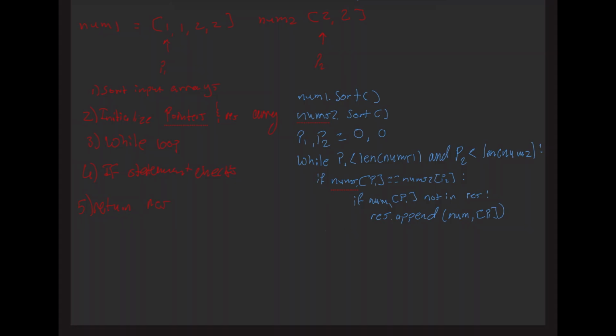Now, else if we run into a situation where nums of 1 at P1 is less than nums of 2 at P2, we would like to tell the P1 pointer, oh, sorry, before I do that, you see, this is why it's actually good to write this stuff down.